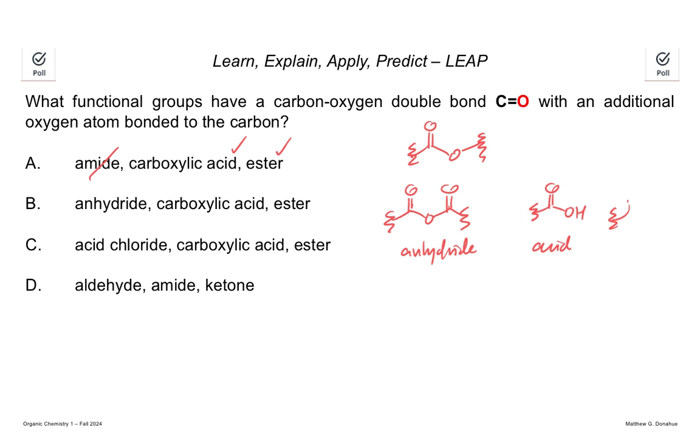And then the ester has the carbonyl with the oxygen bonded to another carbon. So B is correct. C is wrong because the acid chloride has a chlorine. And then D is incorrect, again, because we have an amide.